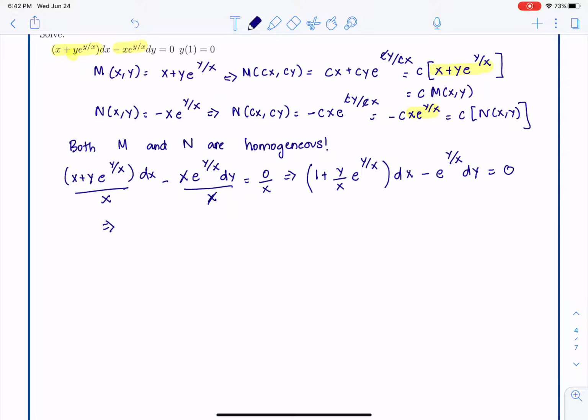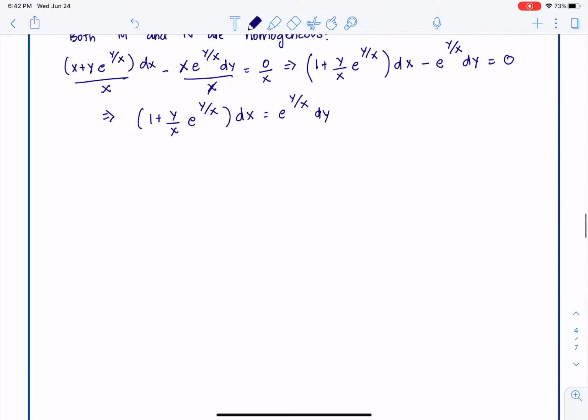I'm going to rewrite it at this step. 1 plus y over x e raised y over x dx would equal e raised y over x dy. 1 plus y over x e raised y over x would then equal e raised y over x dy over dx.